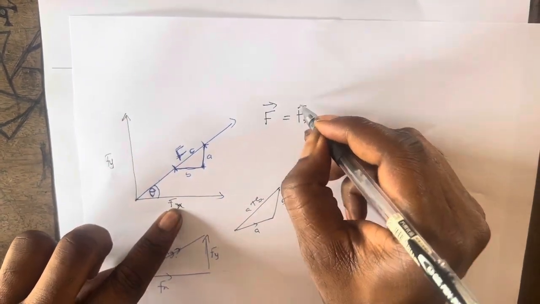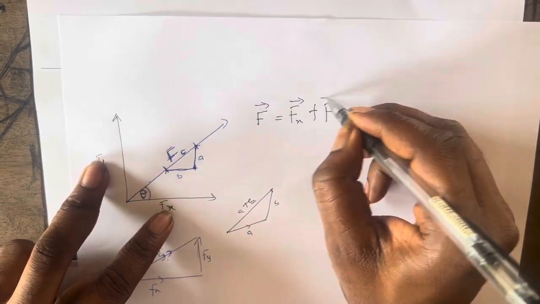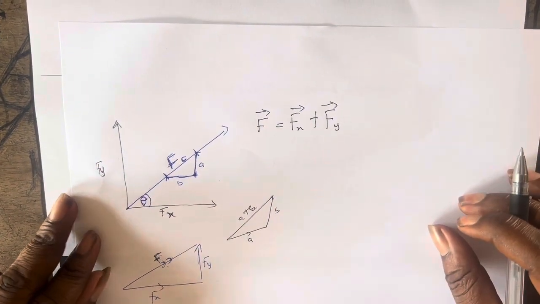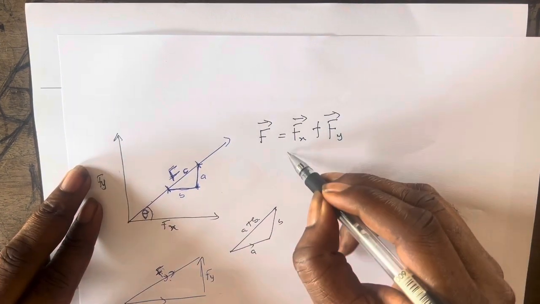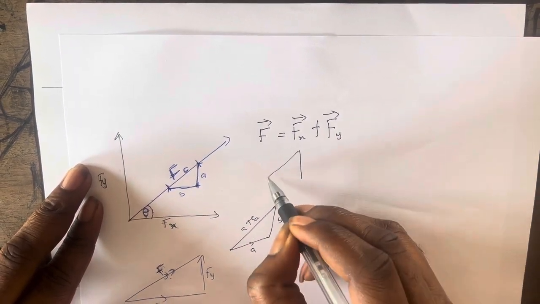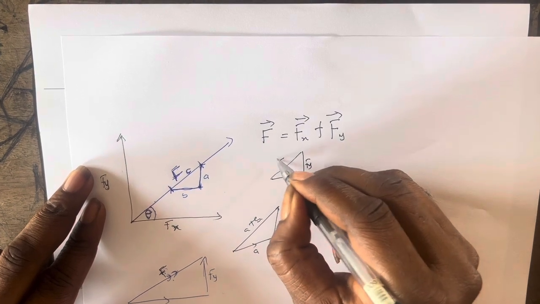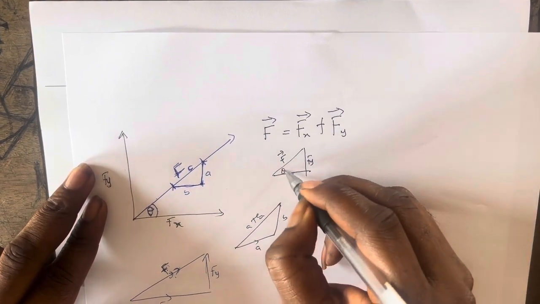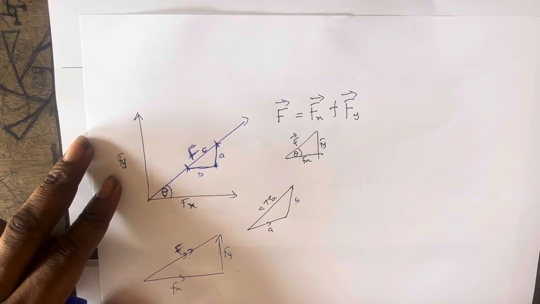The vector force Fx plus the vector force Fy. Now, if you consider this diagram over here, this is Fy, this is Fx, this is now the resultant force F, and here's the angle theta. And we want to find the trigonometric functions of the sides of this particular triangle.